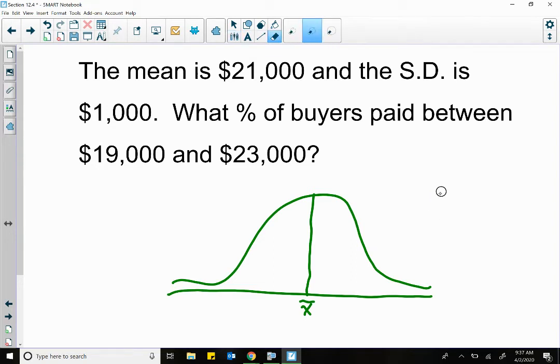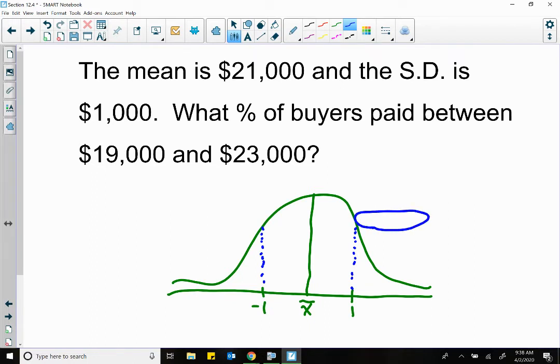Okay? And then we know that over here, this is 1 standard deviation above. And then over here, this is 1 standard deviation below. Okay? So the reason why we did those problems a couple seconds ago first, because you actually can figure out what's going on right here and here.